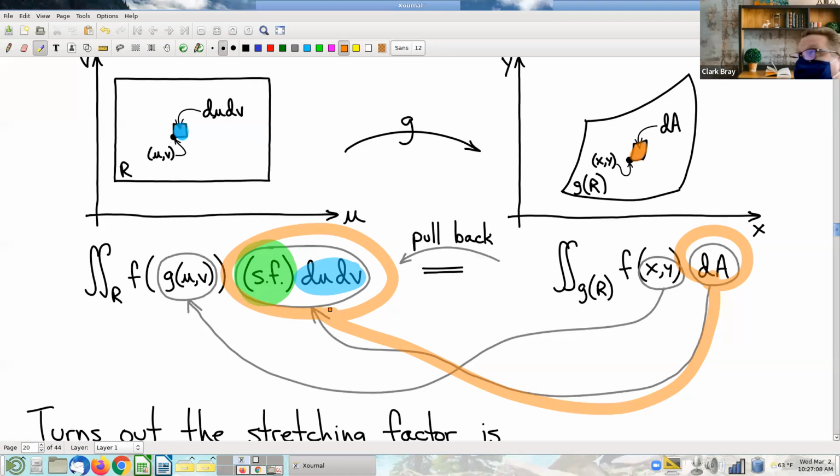So let's take a look at these pieces of area. I've got a little rectangle in blue over there, and I've got a distortion of a rectangle in orange here. And notice it looks a lot like a parallelogram, and it's not really even that surprising that it would be parallelogram-ish. Not exactly, of course, it's slightly curved, but these pieces are really small in the limit, so you know.